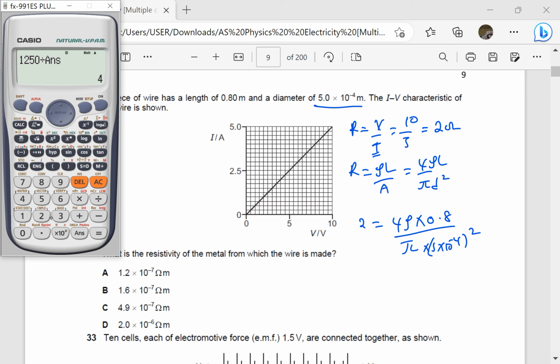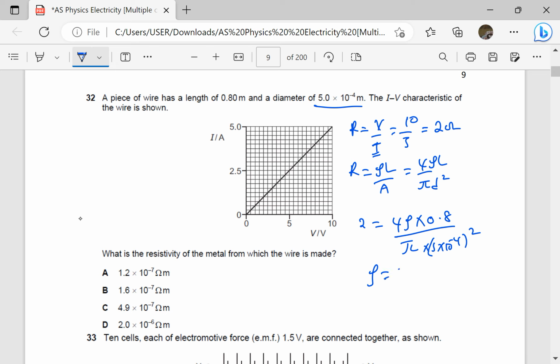I'll just press my calculator: 2 times pi times (5 exponent negative 4) squared divided by 4 times 0.8. So we are getting 4.9 times 10 power negative 7. I hope that is correct. 4.9 times 10 power negative 7 ohm meters. So the answer is going to be C.